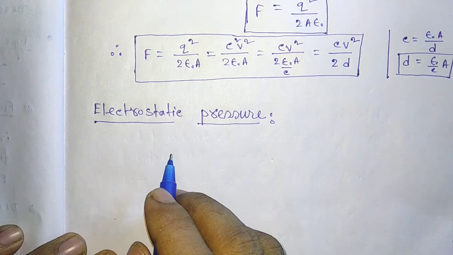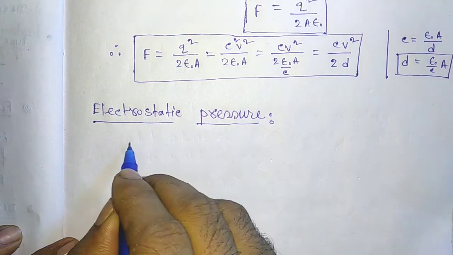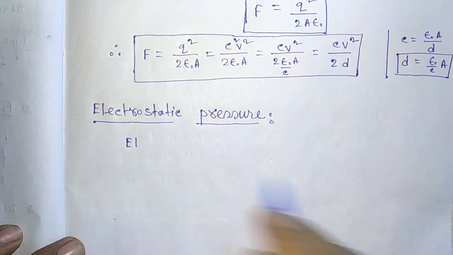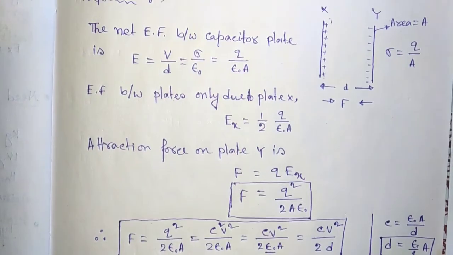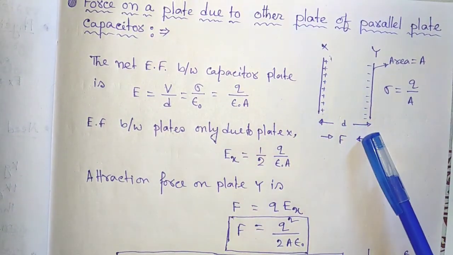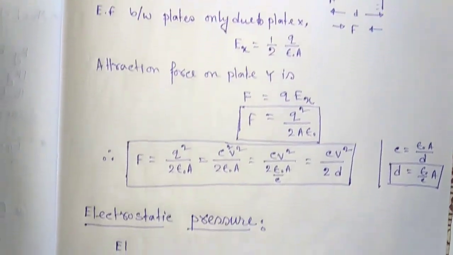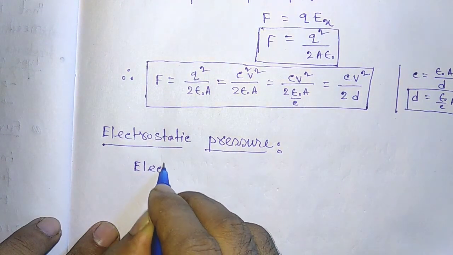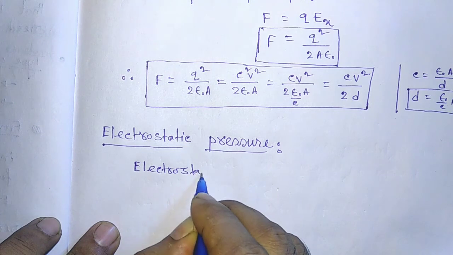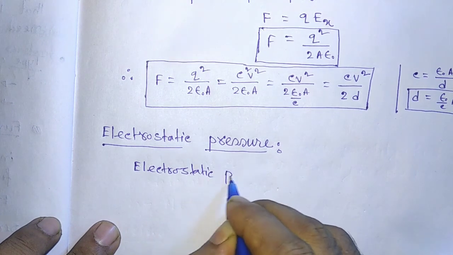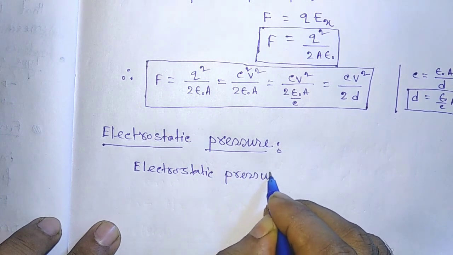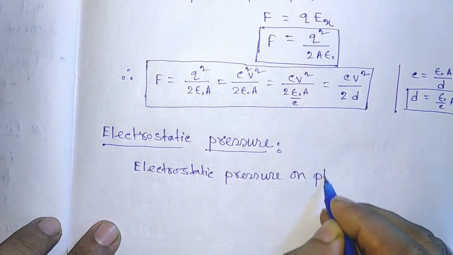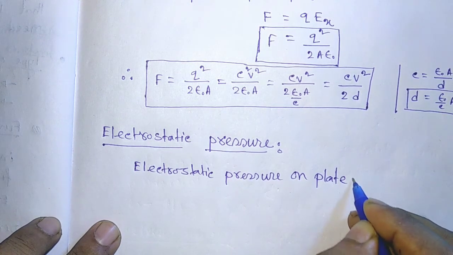Electrostatic pressure on plate Y due to X. Here is the diagram.